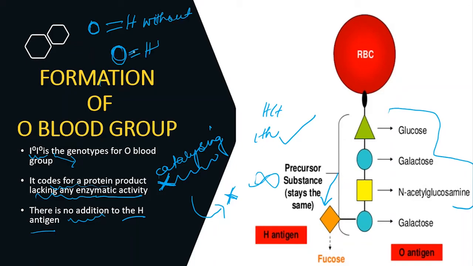O antigen is equivalent to the H antigen because of the production of non-functional protein substance, indicating that the O blood group is nothing but the unmodified H antigen.